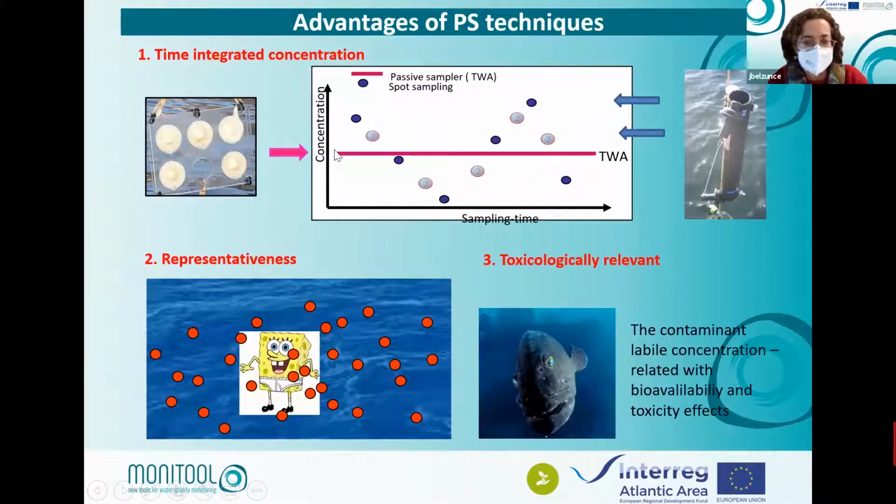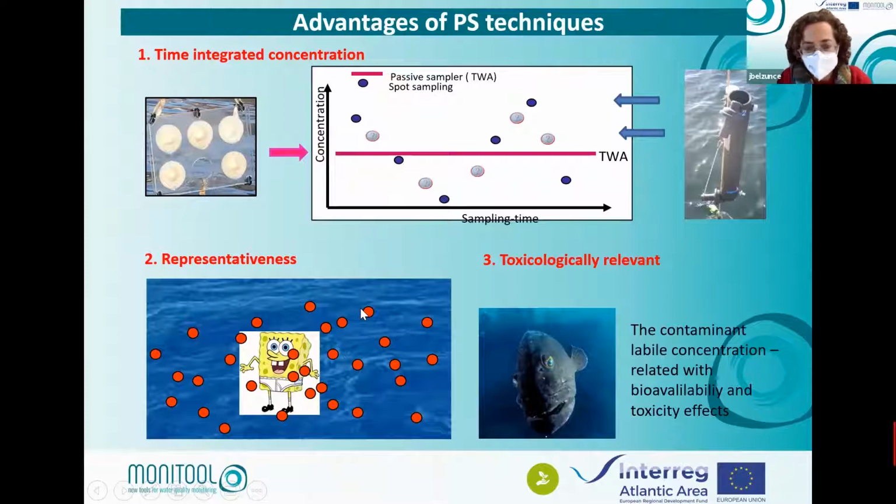For passive sampler, the concentration is this line. And for grab sampling, spot sampling, we have concentration at a specific moment of the sampling, but we don't know what happens later or before the sampling. So we can overestimate the concentration.